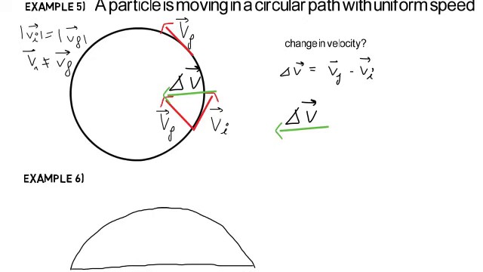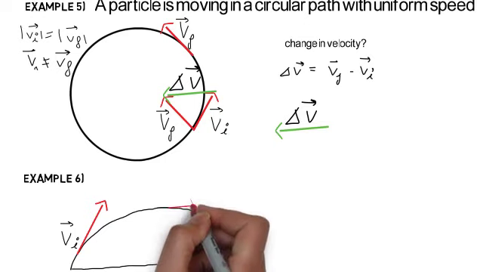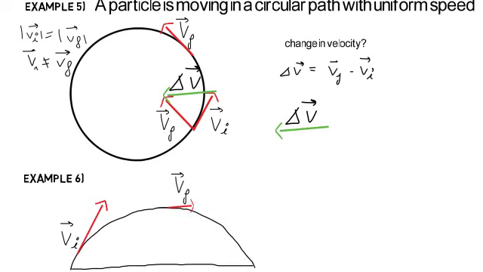Let us take a point I. The velocity at that point will be tangential as shown. Let us call it Vi. At the topmost point, the velocity will again be tangential. Let us call it Vf. In this case, the magnitude of Vi will not be equal to the magnitude of Vf.